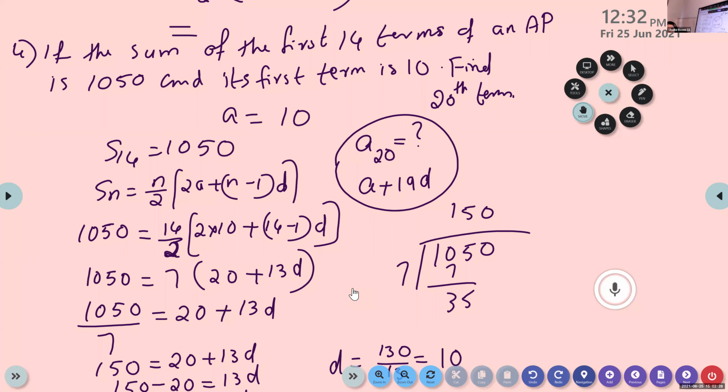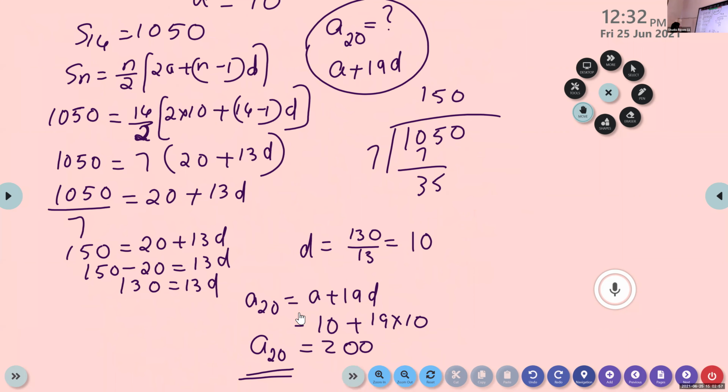The formula with D is Sn equals n by 2 into 2a plus n minus 1 into D. That is the formula to get D. So 1050 equals 14 by 2, 2 into 10 plus 14 minus 1 into D. So 20 plus 13D, 7 into 20 plus 13D.